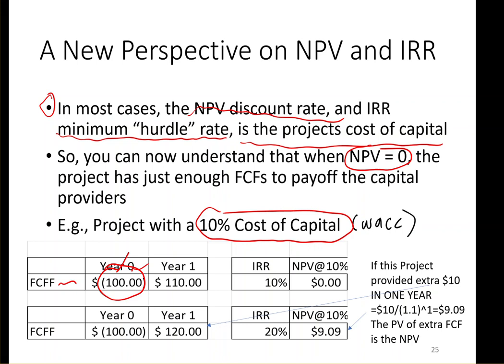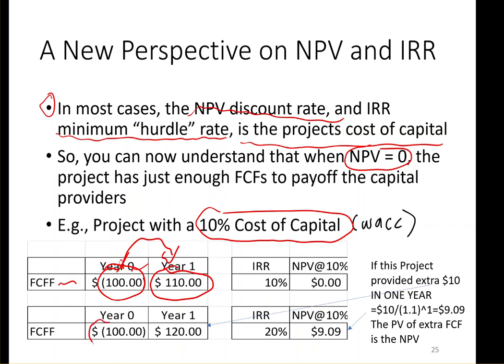On average, it's going to cost me, or they require, 10%. If this project gives me 110, I have just enough to pay off the shareholders and the bondholders. So that's a 0 NPV project. I have just enough money to give the money back to shareholders and bondholders.